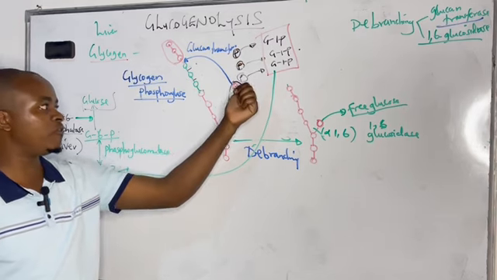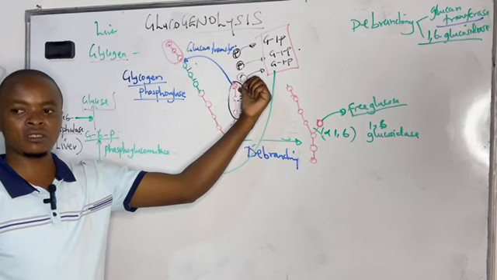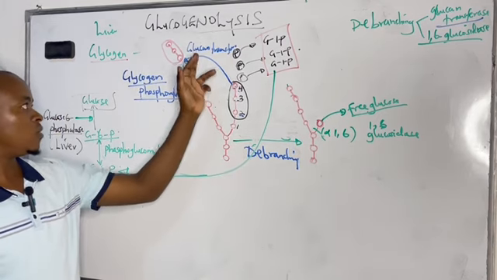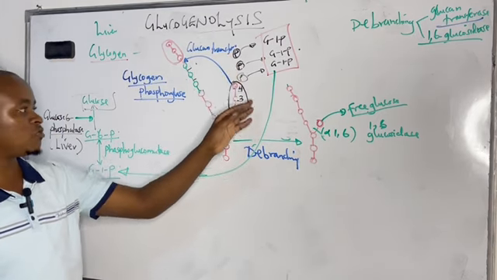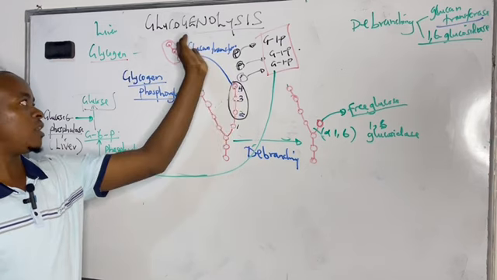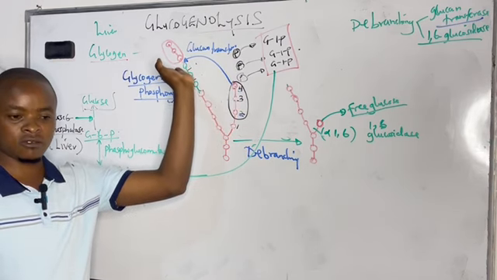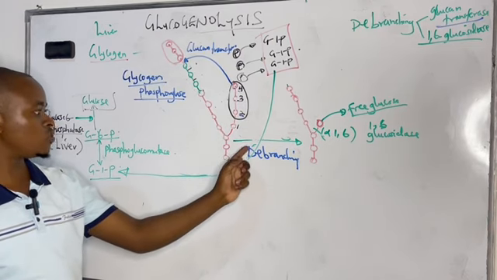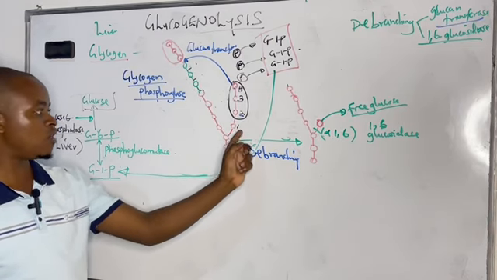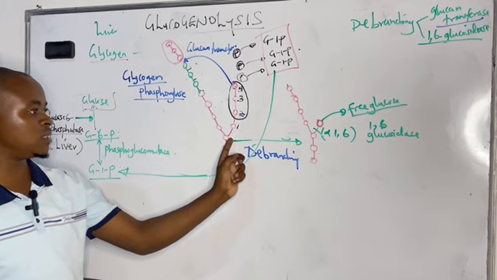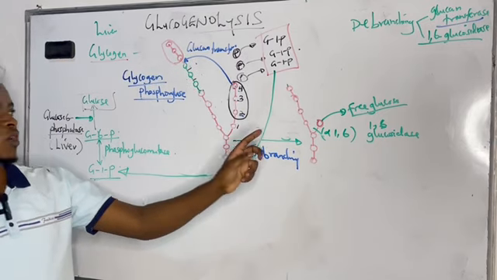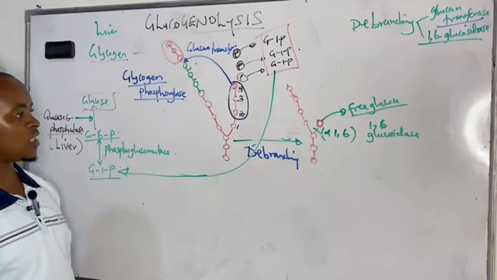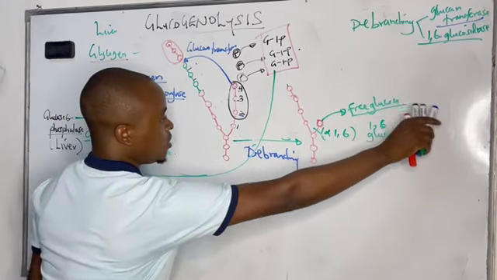But it acts only up to 4 glucose units, and beyond that we need a debranching enzyme known as glucan transferase, which transfers 3 molecules of glucose to an adjacent branch, exposing 1 molecule of glucose at the branch point. Then we need a debranching enzyme known as 1,6-glucosidase, which cleaves the alpha-1,6 glycosidic bond to release free glucose.